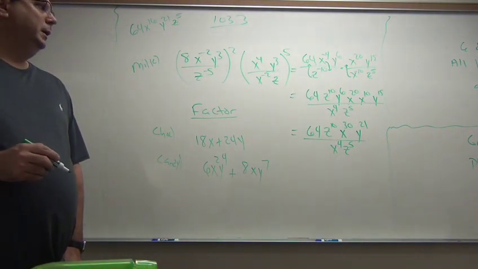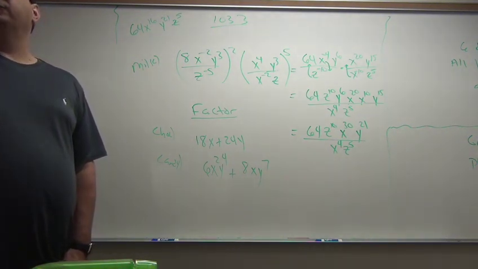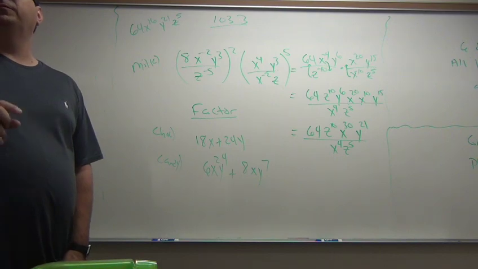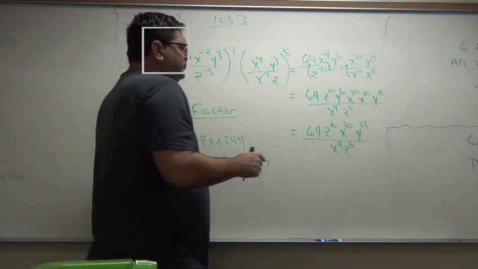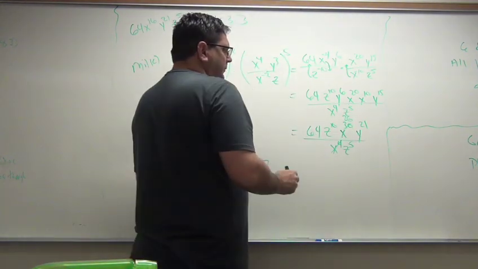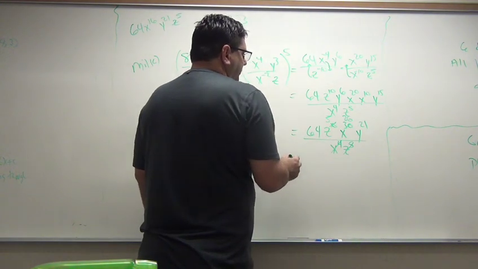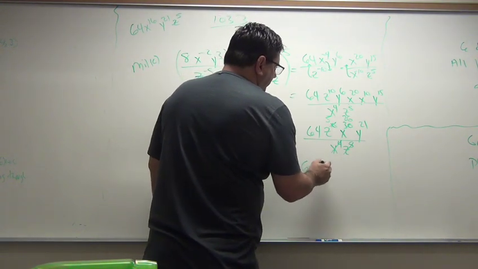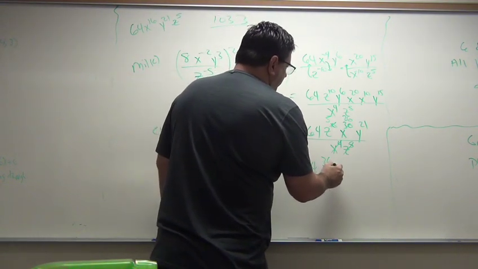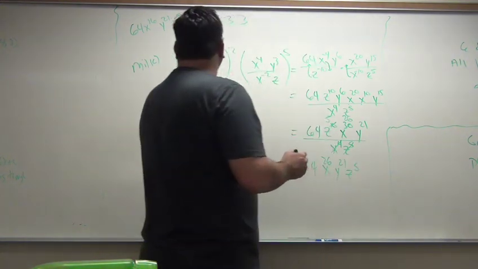Now, if they're on top and bottom, we subtract, but the exponent stays where the biggest number is. So x to the 4th goes into x to the 30th 26 times. Z to the 10th becomes z to the 5th. Giving you a final answer of 64, x to the 26, y to the 21st, and z to the 5th.